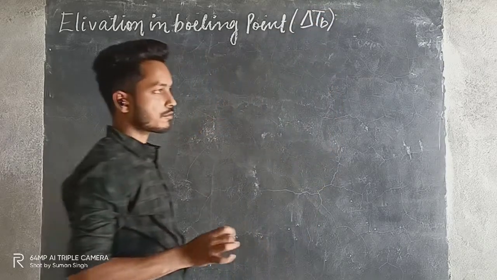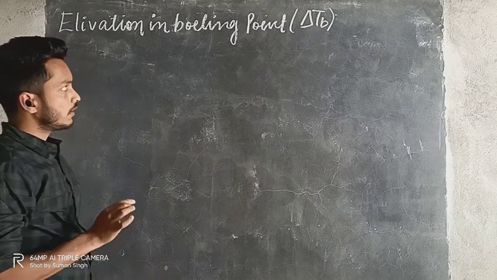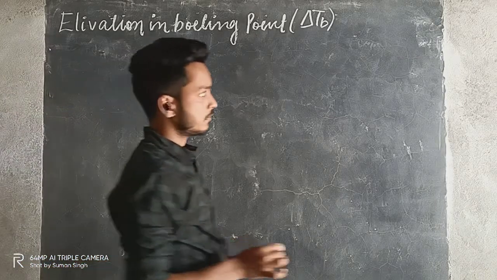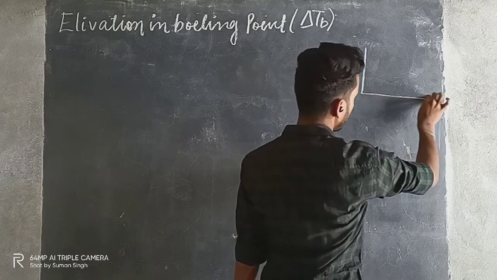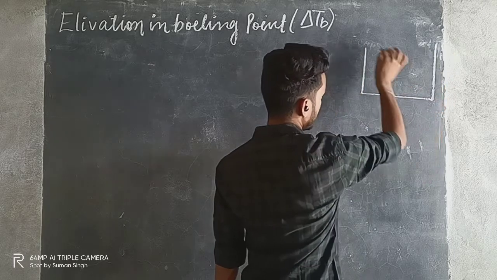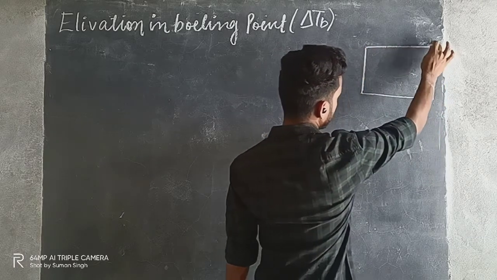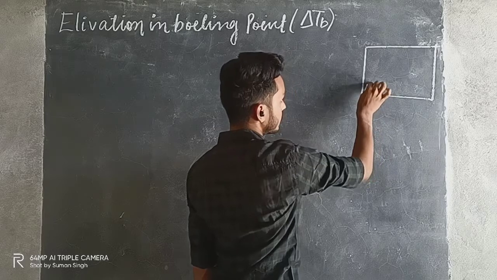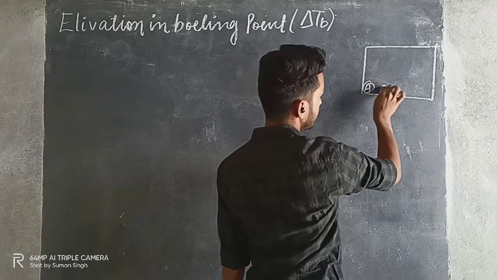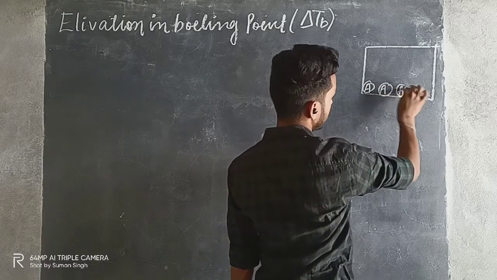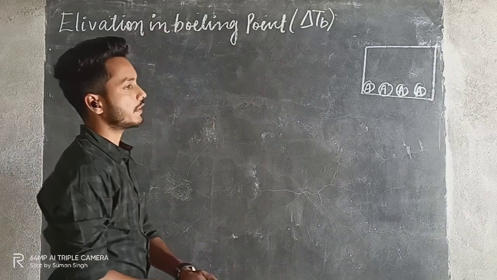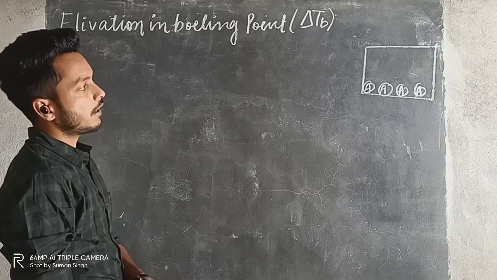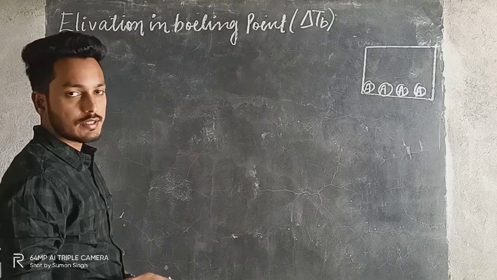Now we will consider some cases. We have taken one container and added a component, suppose A, and it is volatile in nature.